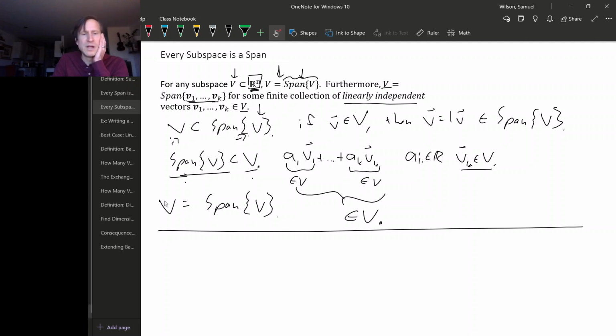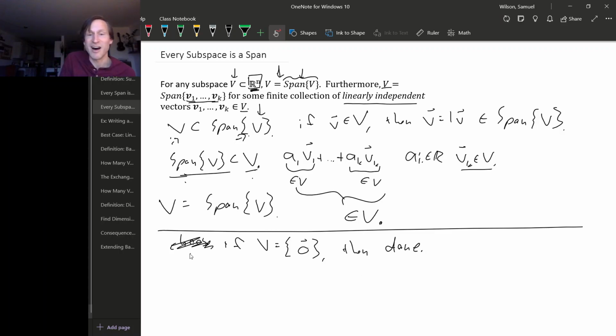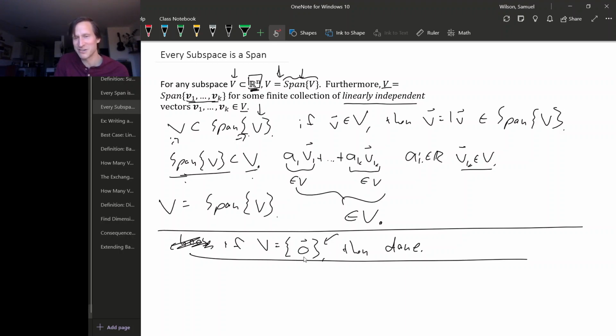Well, first, if V is just the zero vector, then we're done. There's really nothing to do if V is just the zero vector. The subspace that consists of only the zero vector counts as a subspace, but there's really nothing to show here.